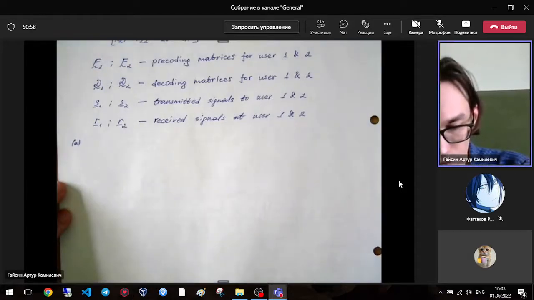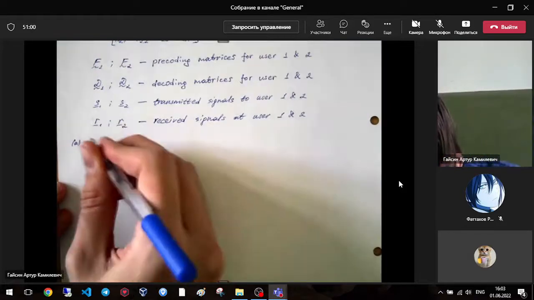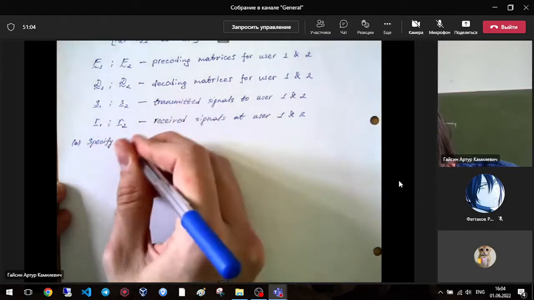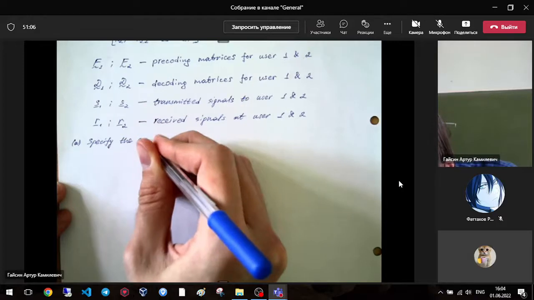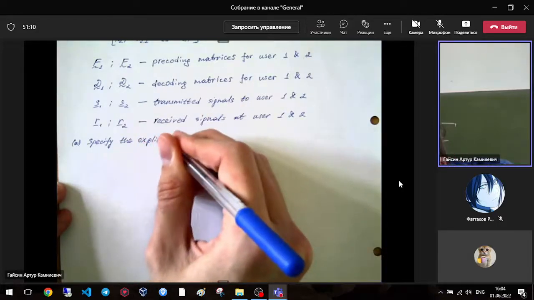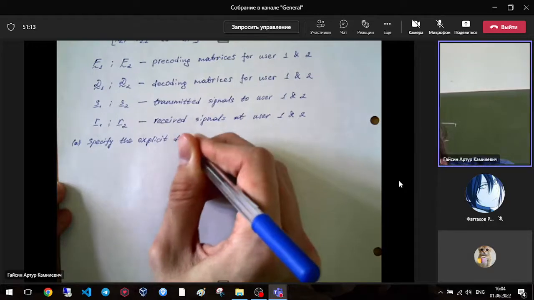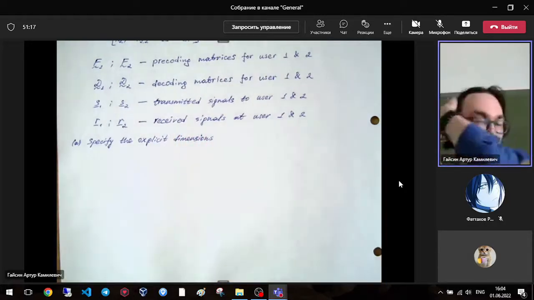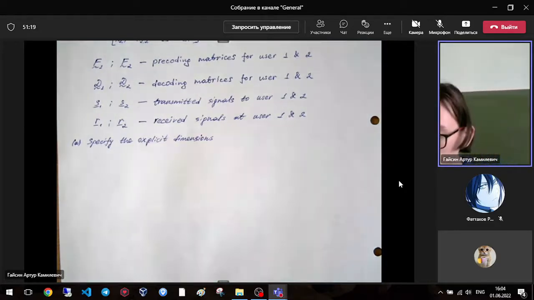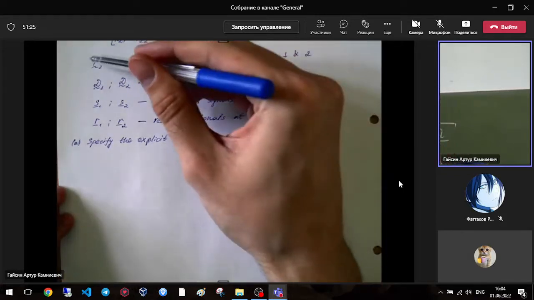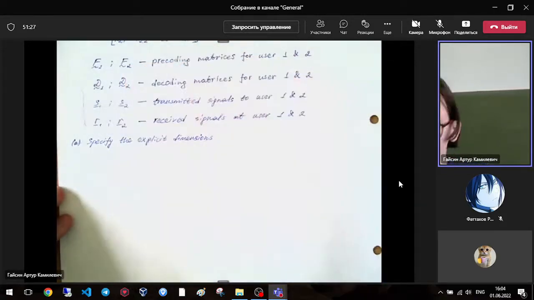Specify the explicit dimensions. So for S1, S2, R1, R2, F1, F2, and D1, D2. So these are all matrices and vectors.